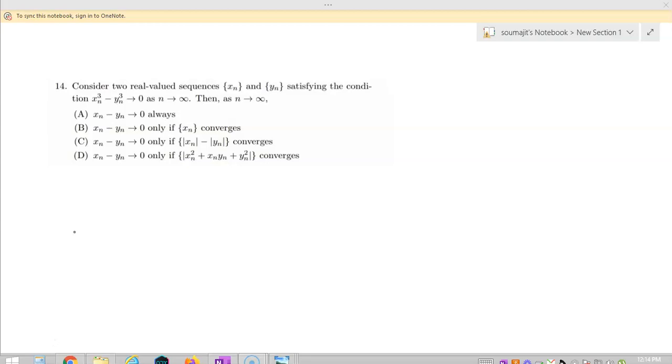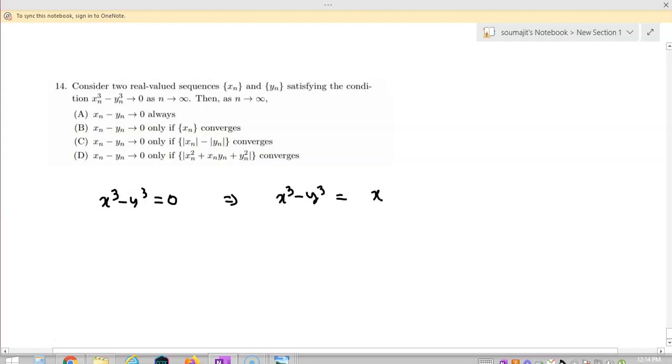So it is given that xn cube minus yn cube tends to 0, right? I can write xn cube minus yn cube as xn minus yn, okay, into xn square plus xn yn plus yn square, right?